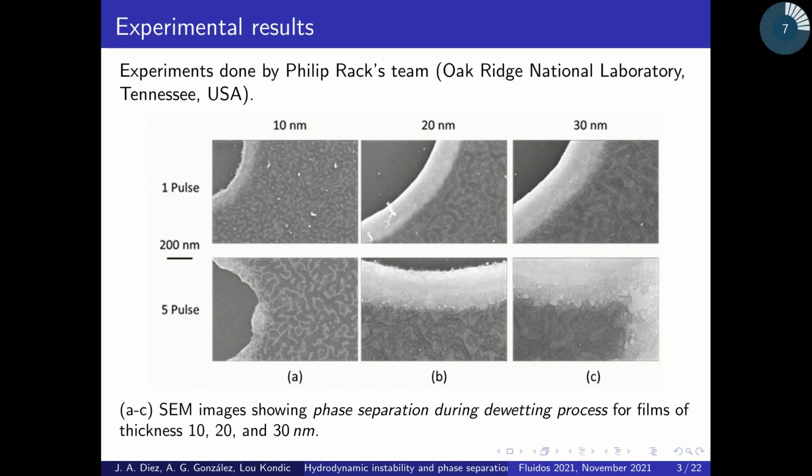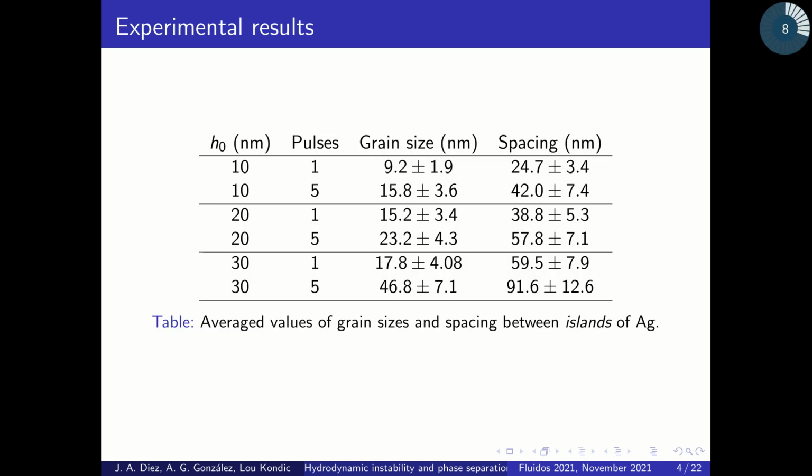So here are some pictures of the experiments which show that effectively there is simultaneous phase separation with the wetting of the film. These are pictures for 1 and 5 pulses for cases with 3 different thicknesses of the films.